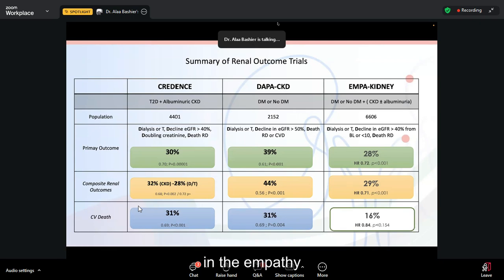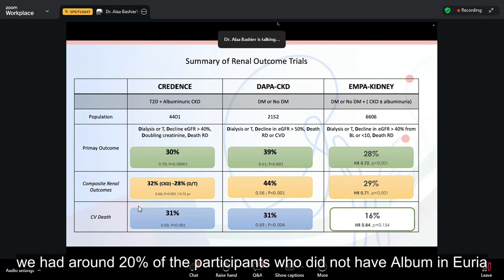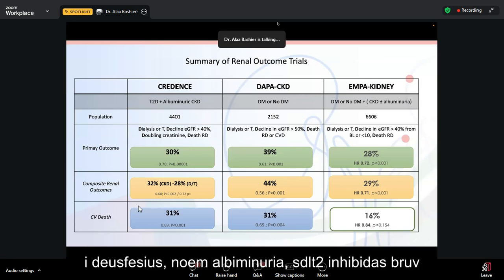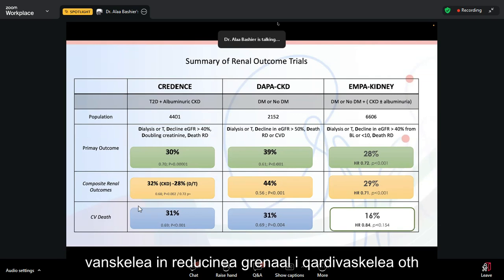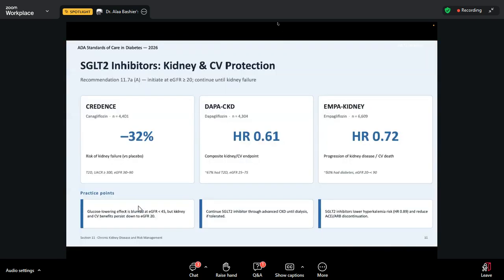But in addition, in EMPA-KIDNEY, around 20% of the participants did not have albuminuria. And again, in those patients without albuminuria, the SGLT2 inhibitors proved beneficial in reducing renal and cardiovascular outcomes.